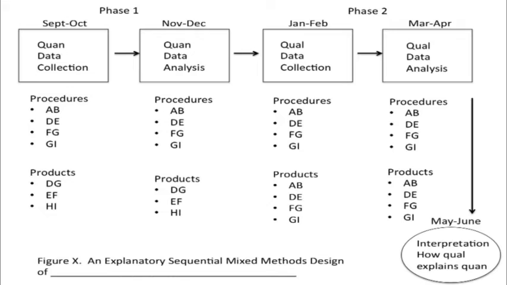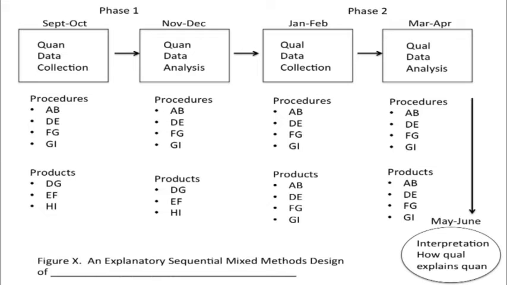Below each one of these boxes, I'm going to put procedures that relate to each stage in the process, and I'm going to indicate the products at each stage. Notice how I've also put arrows in to indicate the flow of activities here.